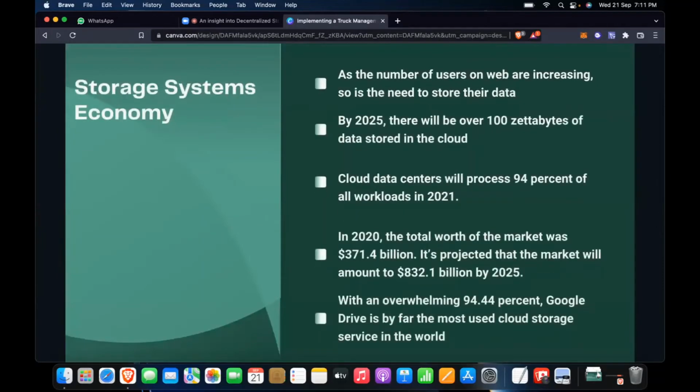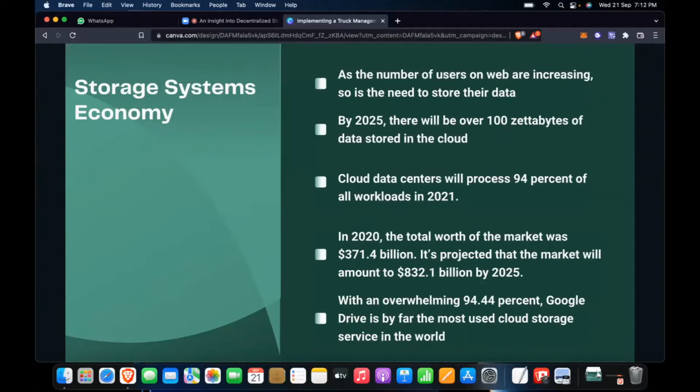Storage system economy. We all know the famous saying that data is the new oil, and the numbers say it all. As the number of users of the web is increasing, so is the need to store their data. By 2025, there will be over 100 gigabytes of data stored in the cloud. Cloud data centers will process 94% of all workloads in 2021.